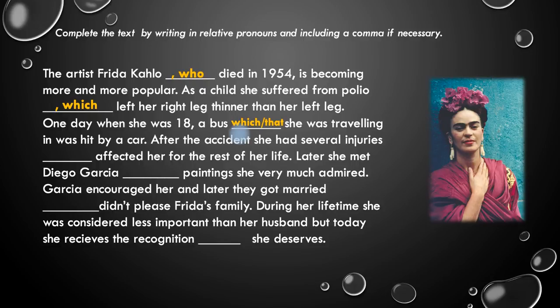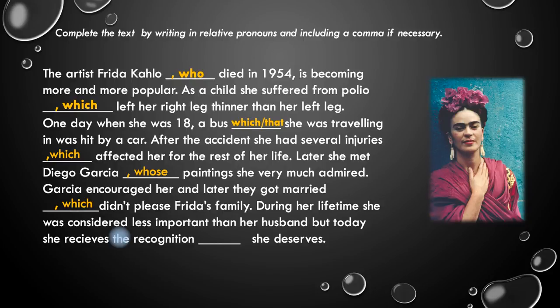After the accident, she had several injuries, which affected her for the rest of her life. Yeah, which, with a comma here. This is extra information. Later, she met Diego Garcia, whose paintings she very much admired. A comma and whose. Garcia encouraged her, and later they got married, which didn't please Frida's family.